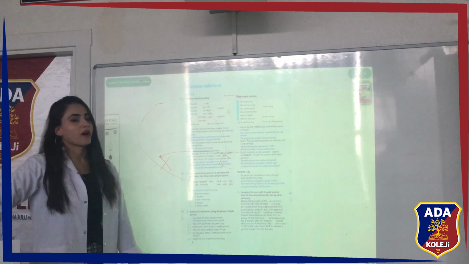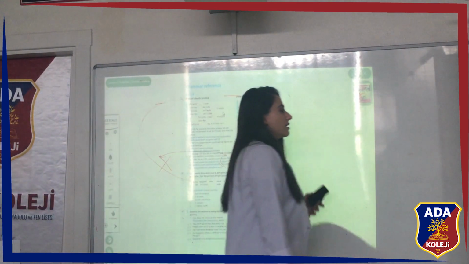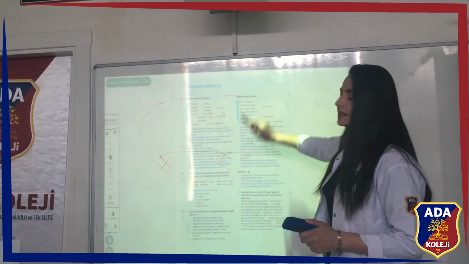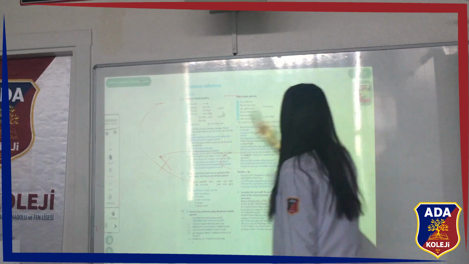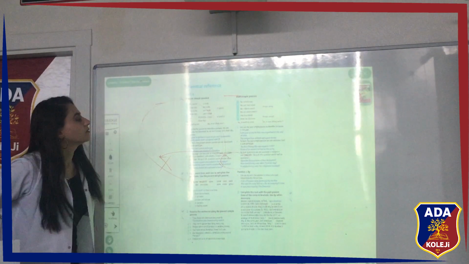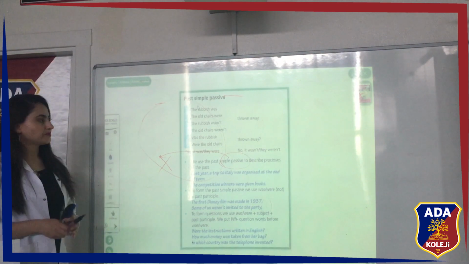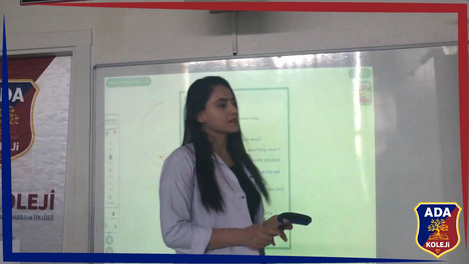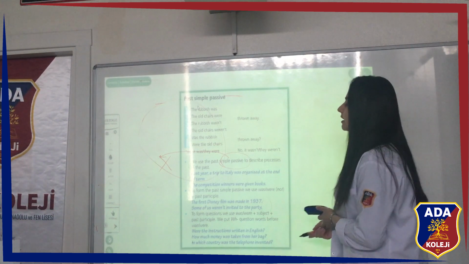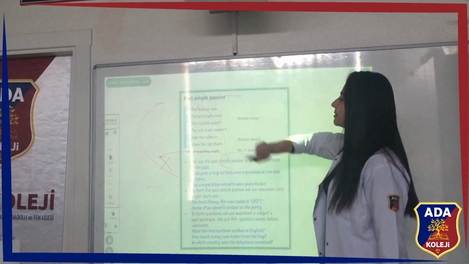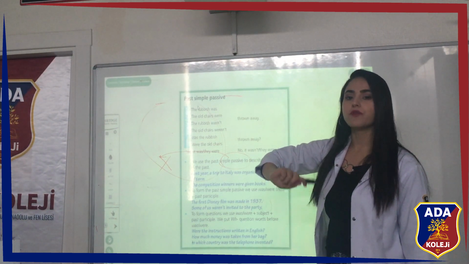And the other part, we learned past simple passive. We will look quickly and then we will finish this part. Yes, present simple passive is am, is, are plus verb 3, and past simple passive is was, were plus verb 3.